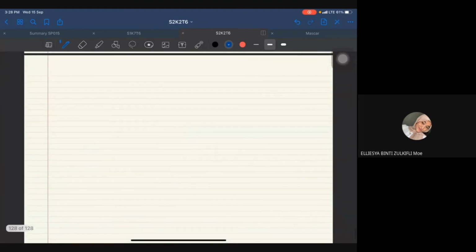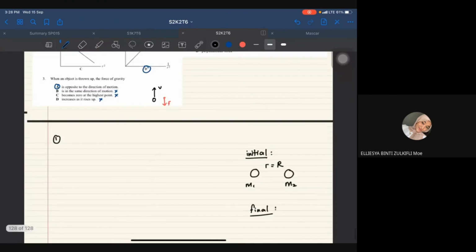Okay, contohnya, initial, you have this M1, M2, and the distance, let's say I put as R here is equals to R. Okay, jarak dia adalah R. Okay, after that, final, dia kata, what happen when the distance is double?